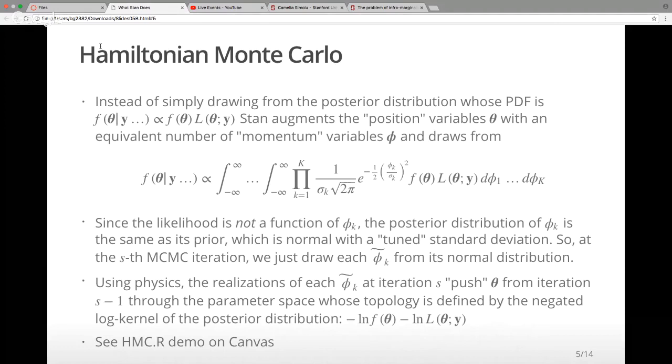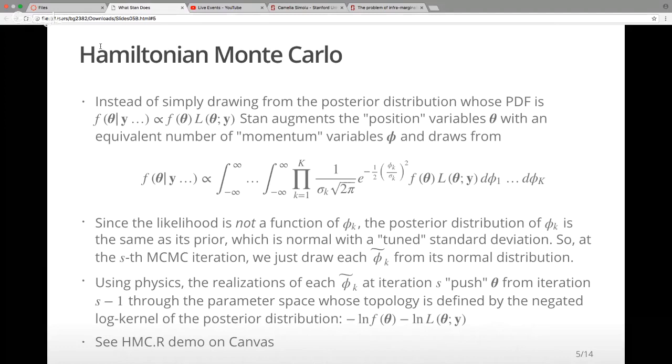And it's going to integrate out the phi parameters to leave you just with a posterior distribution of theta given y. So these catalyst momentum parameters phi don't enter the likelihood function. And so the data does not change your quote unquote beliefs about what those are.